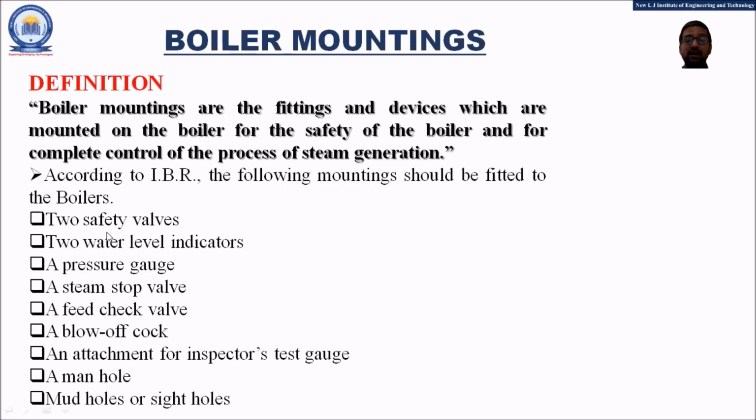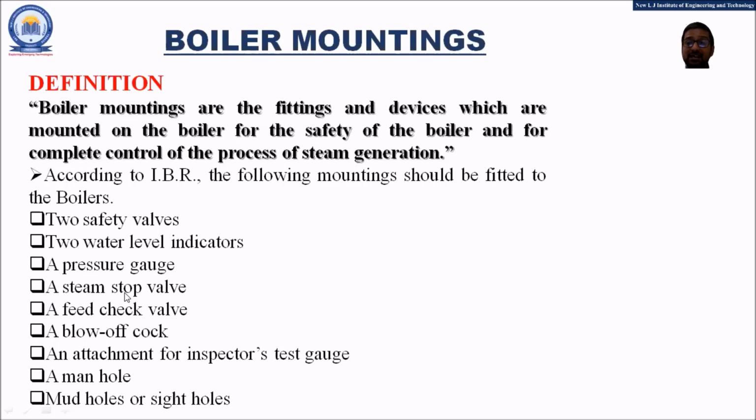Also, the boiler must have two water level indicators. A pressure gauge must be there, a steam stop valve must be mounted, a feed check valve, a blow-off cock, an attachment for the inspector's test gauge.